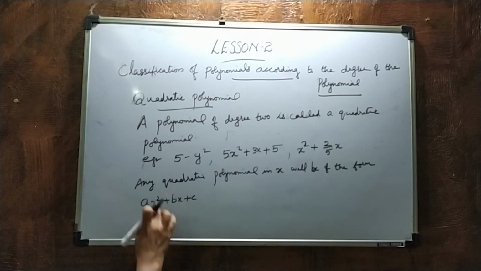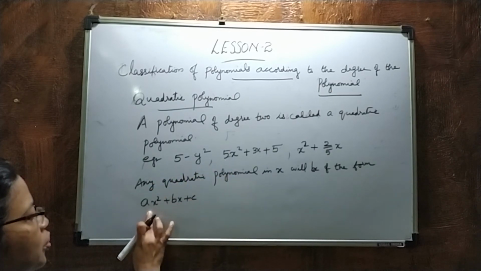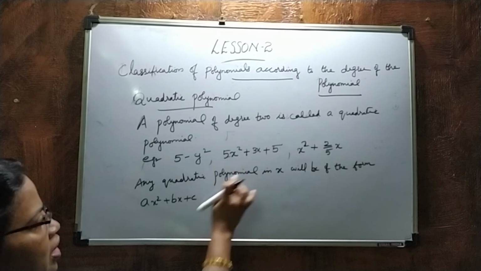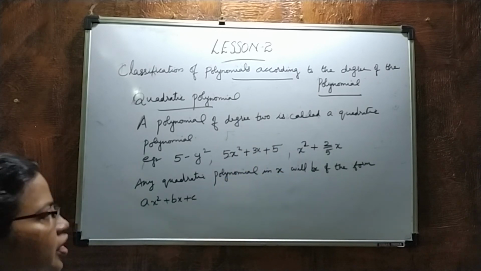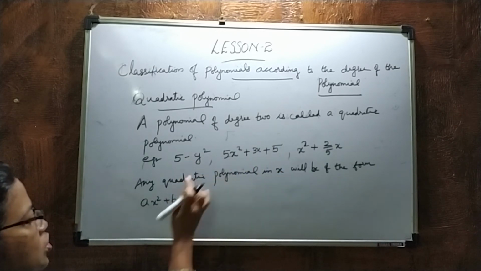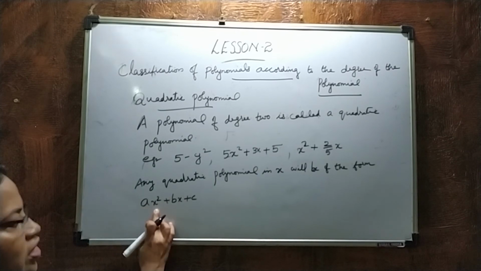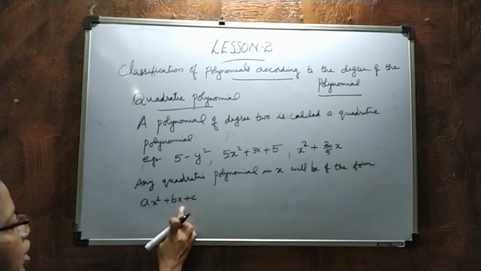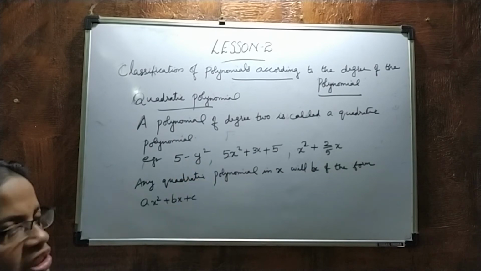Now look, here it is ax square, 5x square plus 3x plus c, 5. Here just look, here minus y square, that means minus 1y square. And then bx is there, the x coefficient is not there.